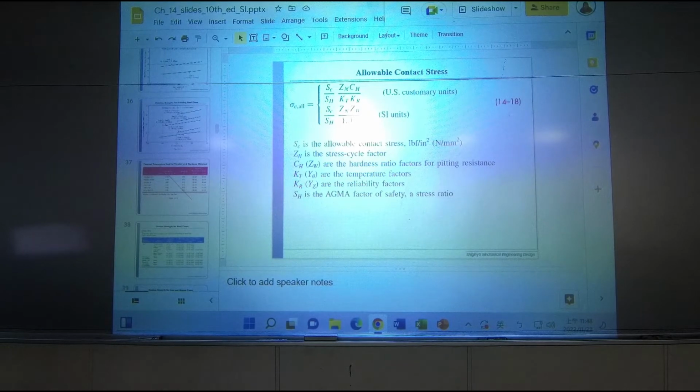So in the first part of gear analysis, I introduced that the external force onto the teeth could be lying in different directions. So you need to be aware, okay, there's a transverse force, radial force, and axial force.